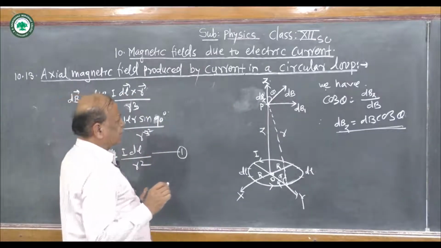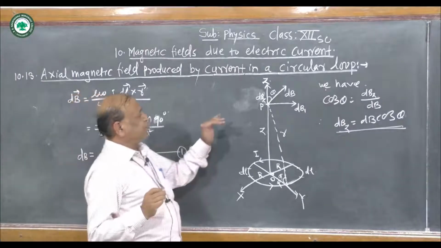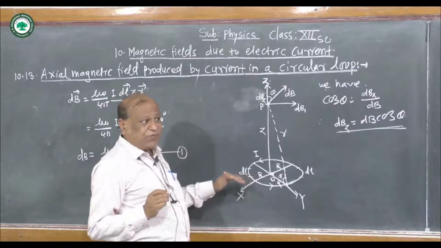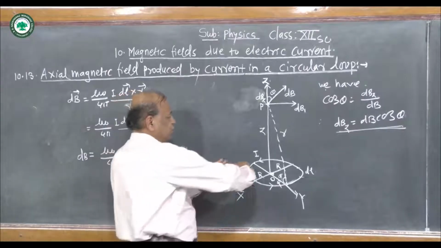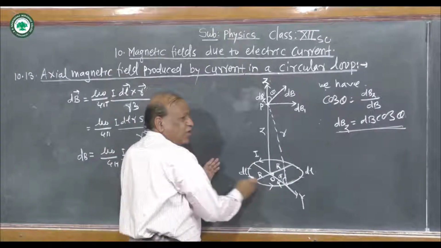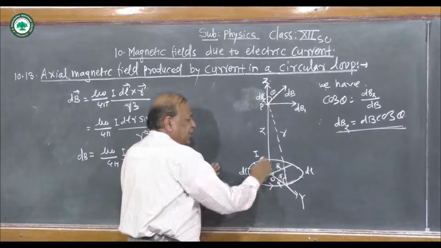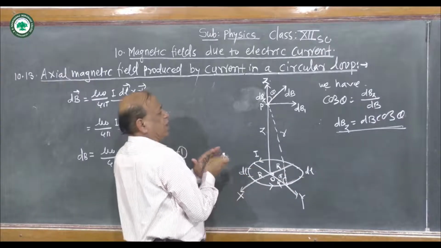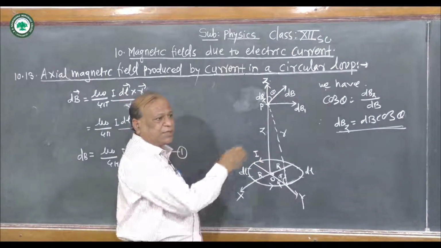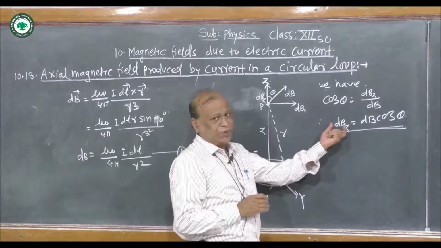Then we have to find the net magnetic field due to this circular loop, which is made up of a large number of small length elements dl. That can be obtained by taking the integration of this equation.